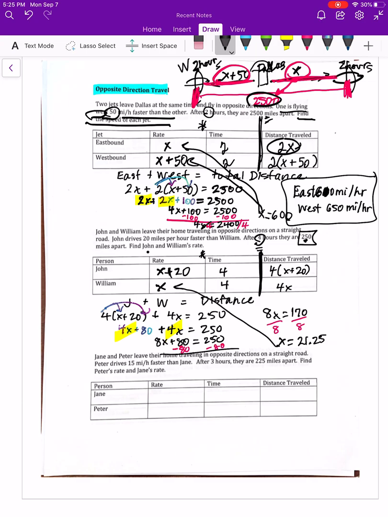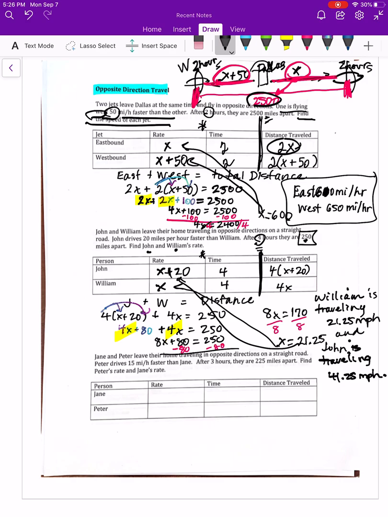Some like terms that you want to collect, so 4x and 4x, which would give you 8x plus 80 equals 250. Subtract 80 and subtract 80. So that gives you 8x equals 250 minus 80, which would be 170. Divide by 8. And x is equal to 170 divided by 8, which would be 21.25. So that's x. So that's William. And they wanted to find both John and William's rate. So William is traveling 21.25 miles per hour. And John, so I'm going to take this and add 20 to it, is traveling 41.25 miles per hour. All right, opposite direction travel.